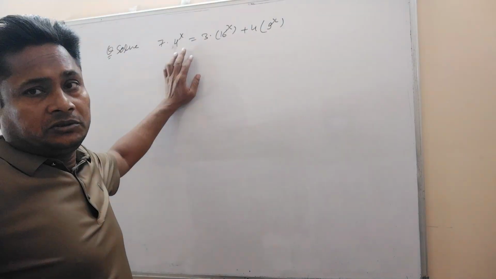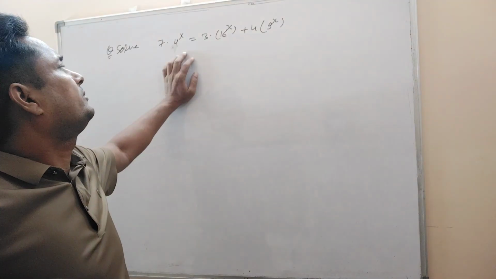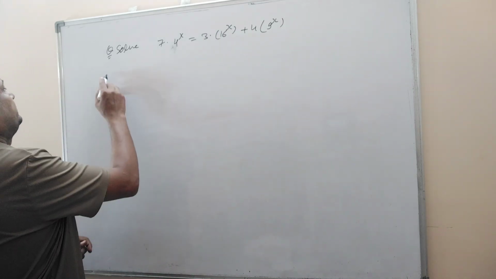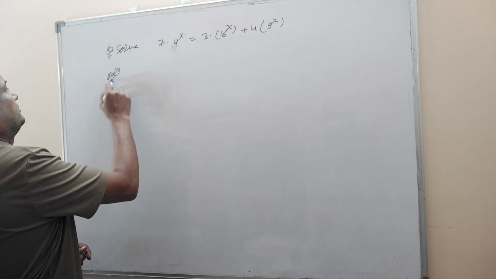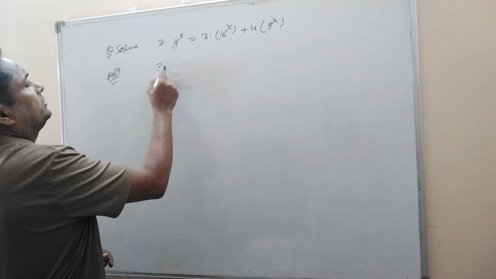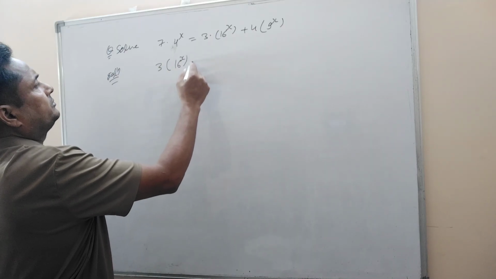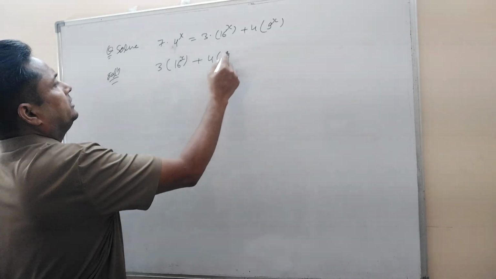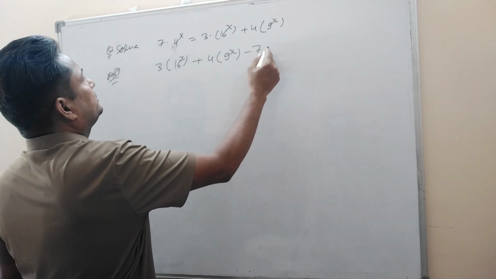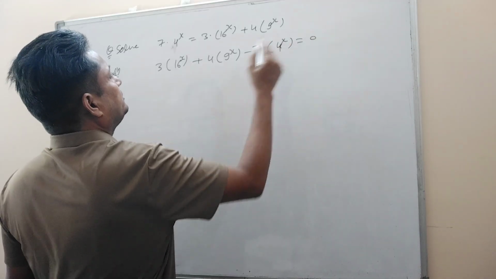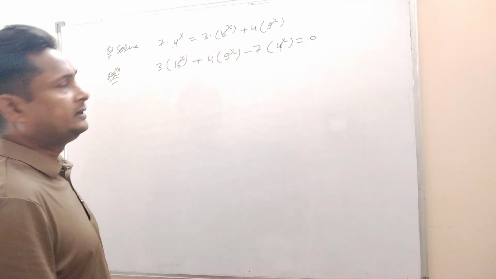Now let's solve this question. How will you solve this question? This can be written as what? 3 into 16 to the power x plus 4 into 9 to the power x minus 7 into 4 to the power x is equal to 0. Right.